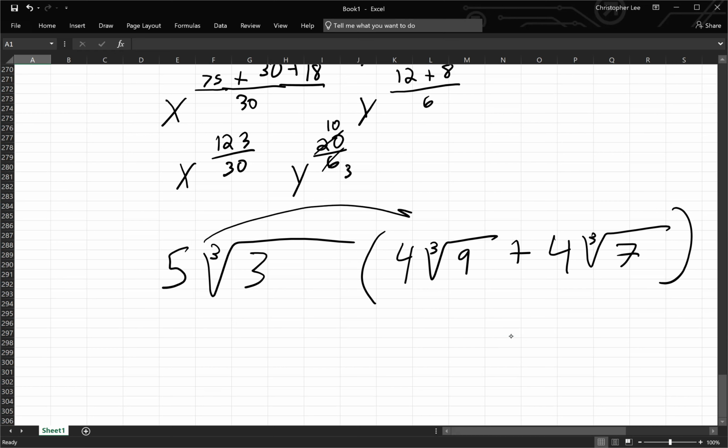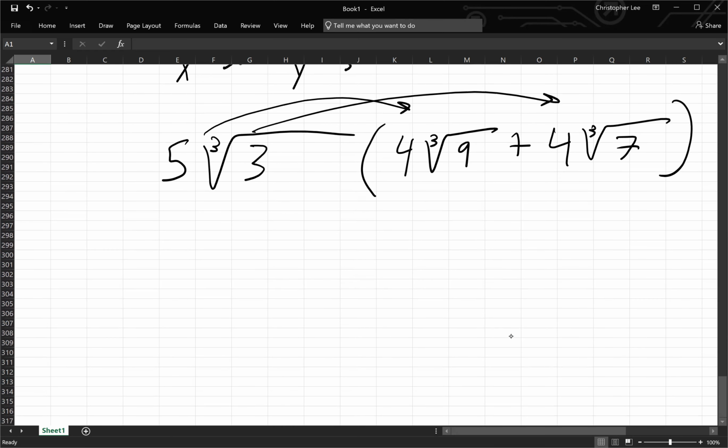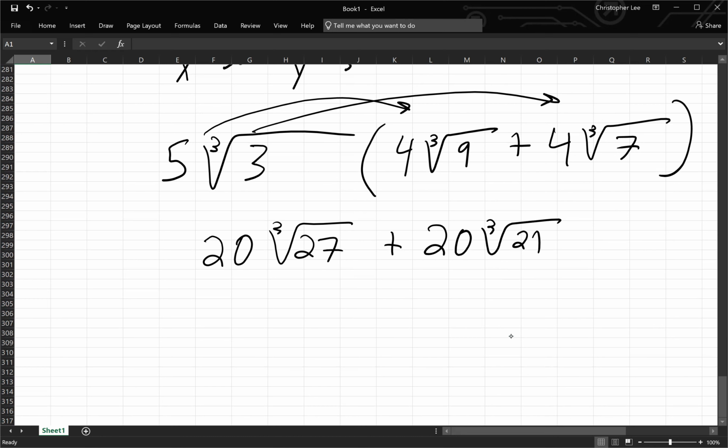Yeah, so you already know, just distribute. Give me 20 cube root of 27. Because 3 times 9 plus what's that? 20 cube root of 21, right? And then cube root of 27 is what? 3.